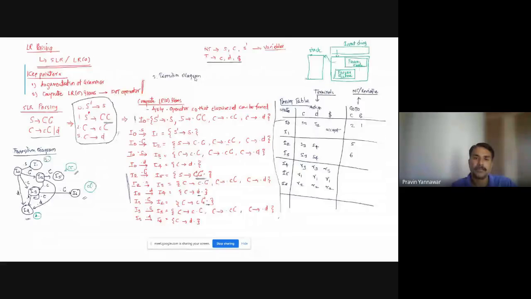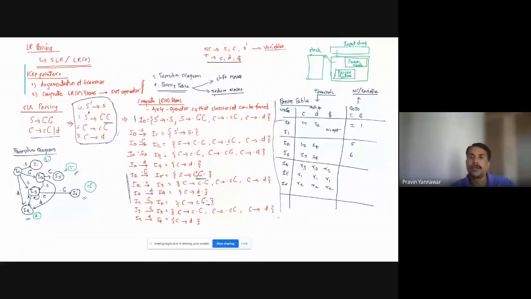Once we finish the transition diagram, we need to draw a parsing table, right? So you have to keep this in mind. Once you have a complete parsing table, the parsing table has 2 moves. Here you need to provide 2 moves: one is shift moves, and the next is reduce moves.